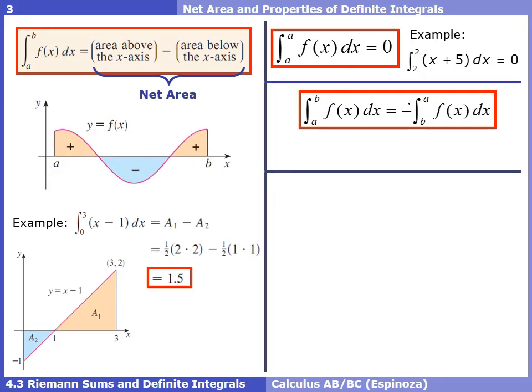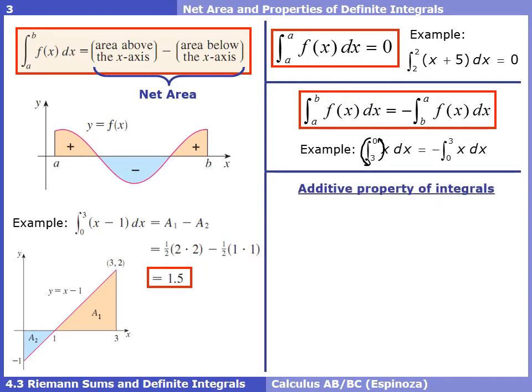You just need to put a negative in front of that integral. So as an example, if you saw the integral from 3 to 0 of x dx, that doesn't look right because we want the 0 on the bottom and the 3 on the top. We can switch those. All we need to do is put a negative in front of that integral.